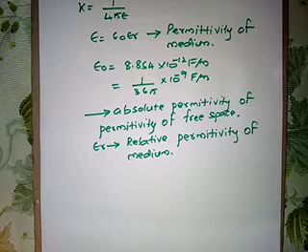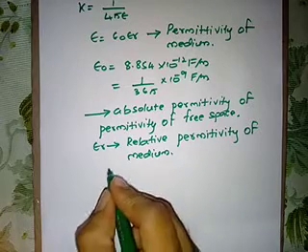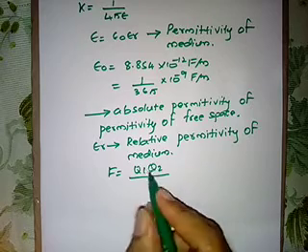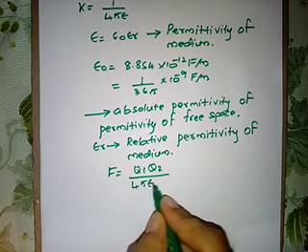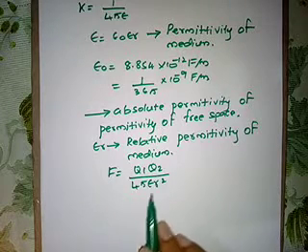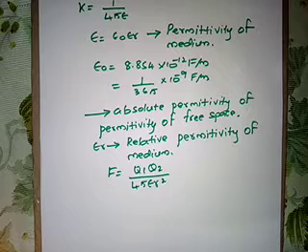Hence finally the Coulomb's law can be expressed as F is equal to Q1 Q2 divided by 4 pi epsilon r square, where force is a vector quantity.